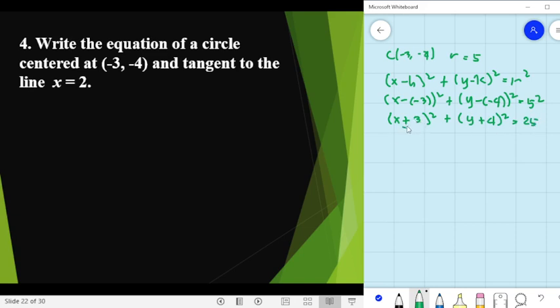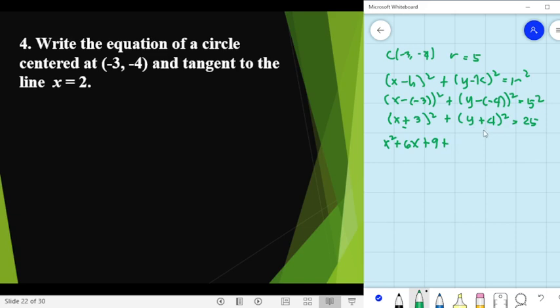Okay, simplifying this, we now have the square of x, which is x squared. The product of x times 3 is 3x, times 2 is 6x. And the square of 3 is 9.